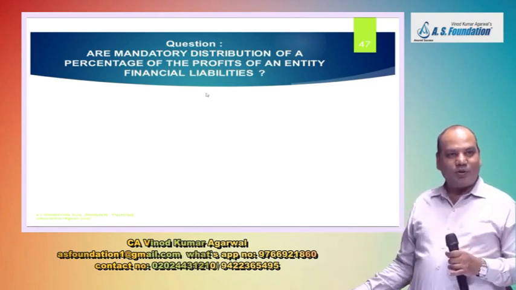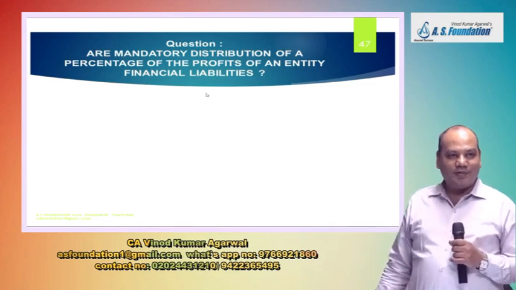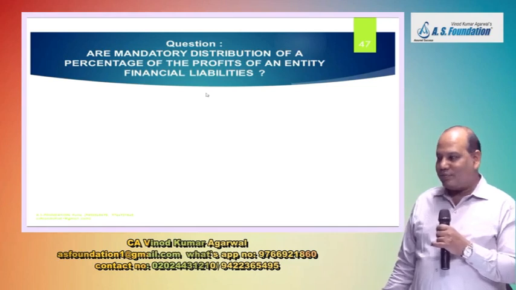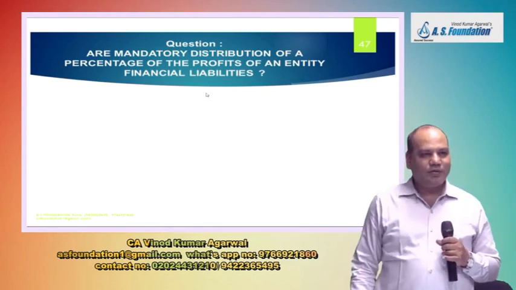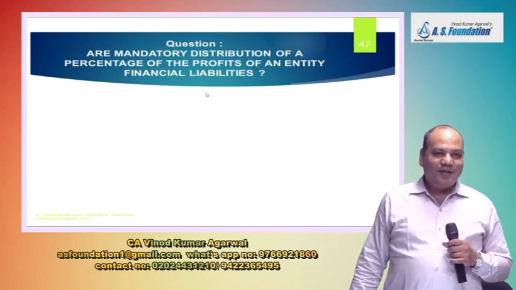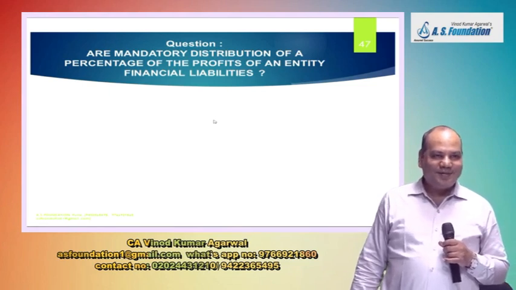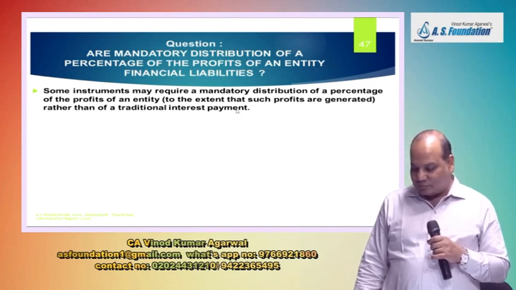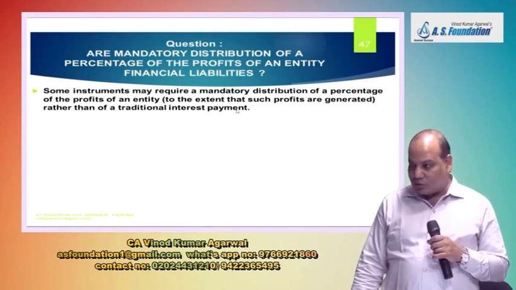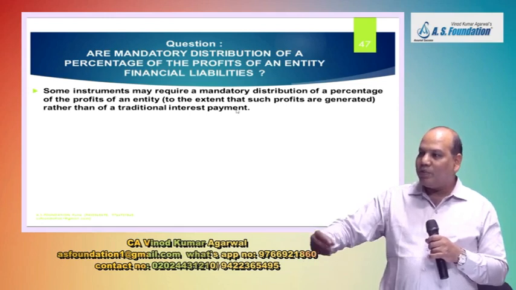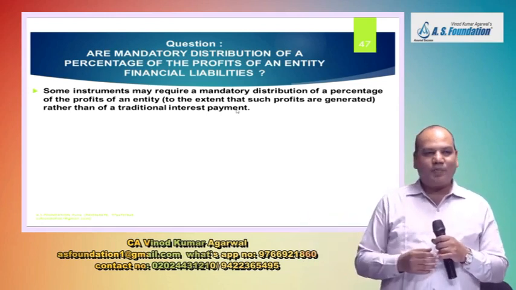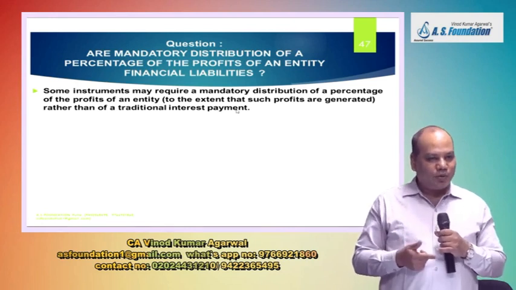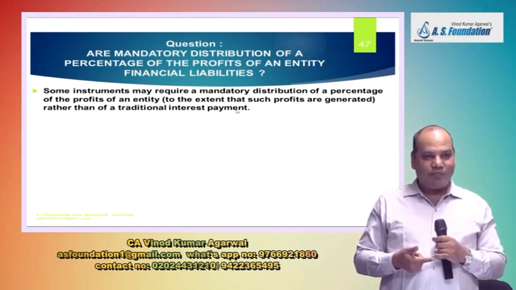If the company makes profit, you have to pay 10%. If the company does not make profit, it won't pay you any interest, dividend, or profit share. Yes? No? So it is just a different way of paying the interest. Instead of paying a fixed interest, we are paying a variable amount of interest, but it is mandatory.